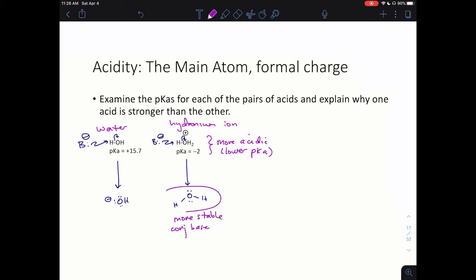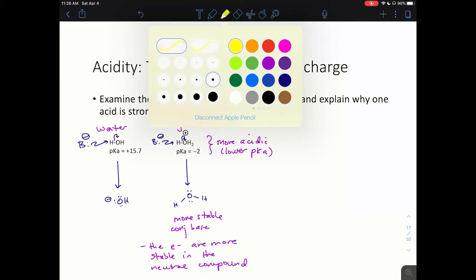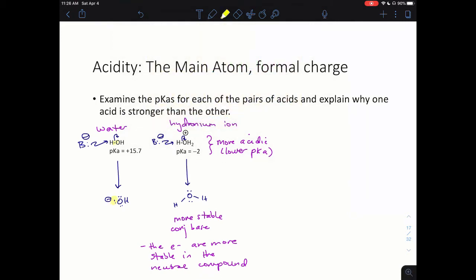So water is more stable than hydroxide, because the electrons are more stable in the neutral compound. Neutral compounds are more stable. These electrons from water end up on hydroxide with a negative formal charge. Those electrons from hydronium end up on water, which is neutral, and so they are more stable.